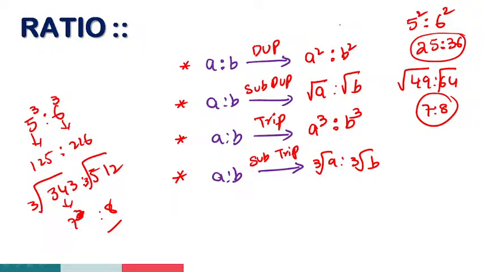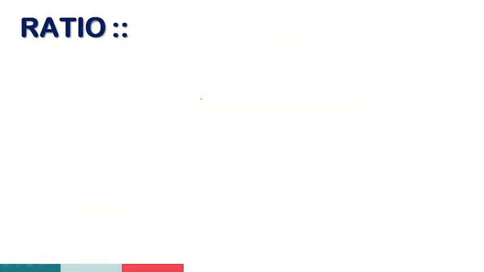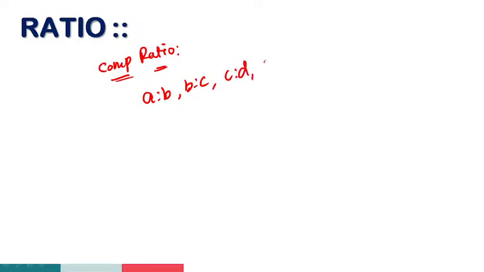All right, and one more point here. Compound ratio. For example, A is to B, B is to C, C is to D, D is to E. The compound ratio: you already know A is to B or A by B is the same.